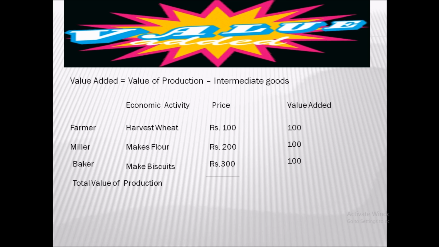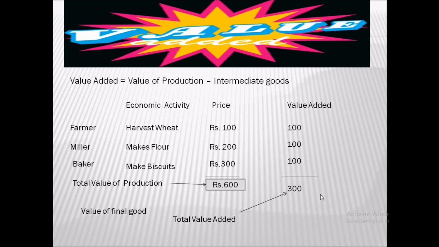So the total value of production activity in the economic system is 600 rupees, and the total value of the intermediate goods is 300. So under the value added approach for calculating gross domestic product, it is the value of production minus the value of intermediate goods, which is 300.